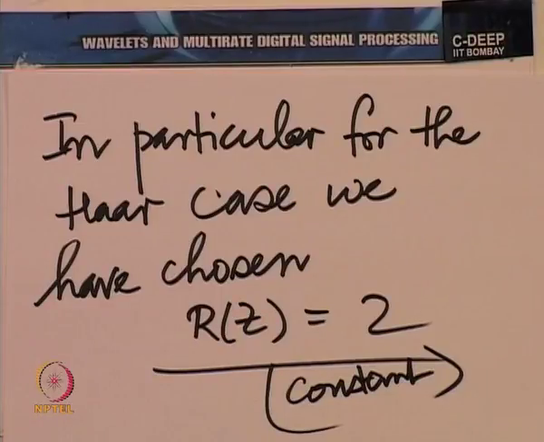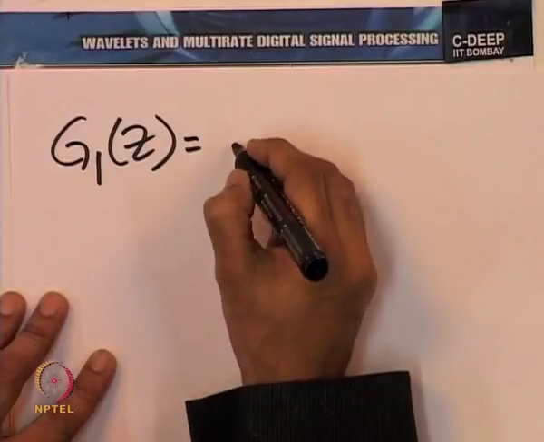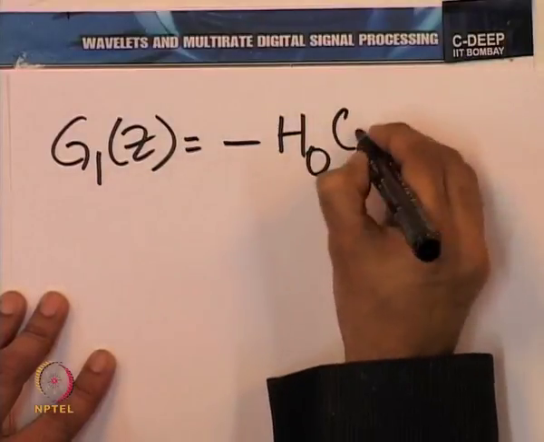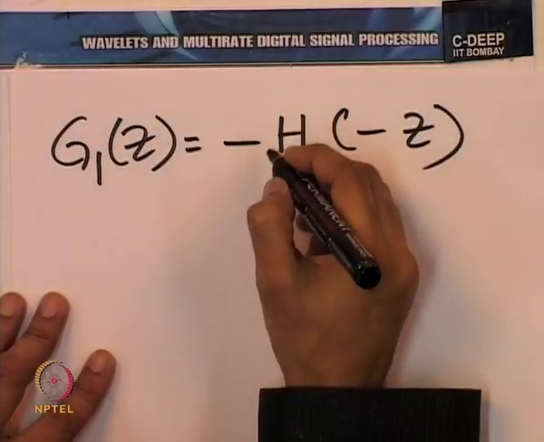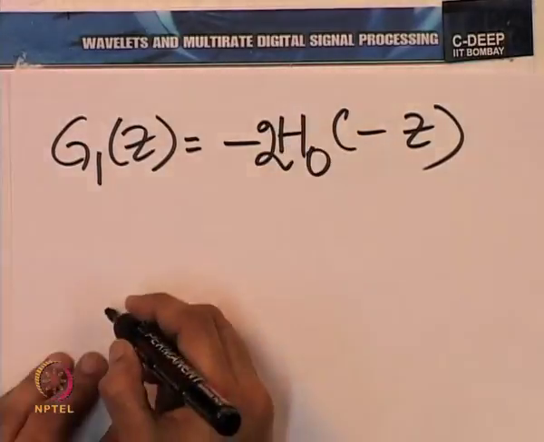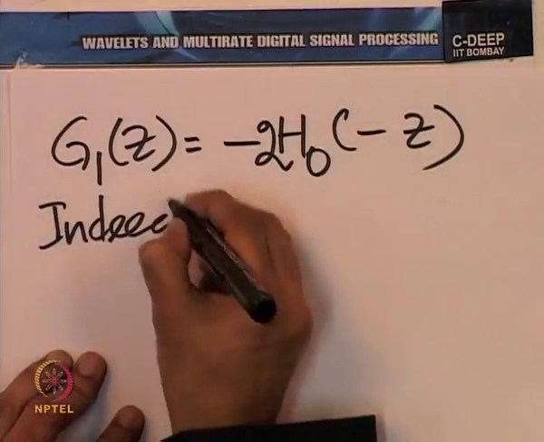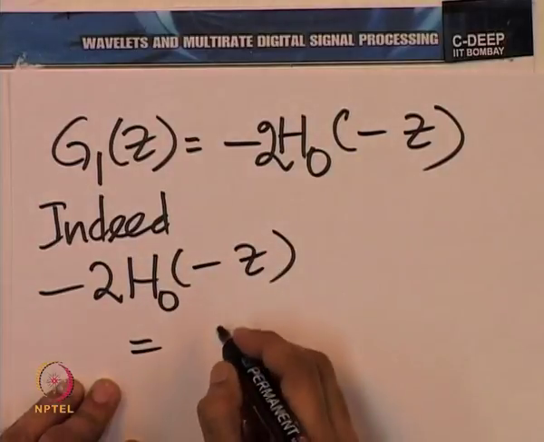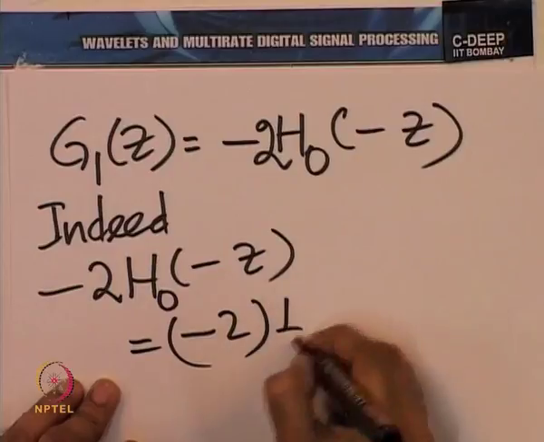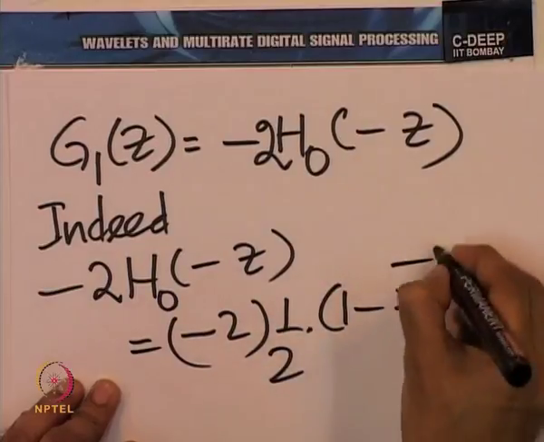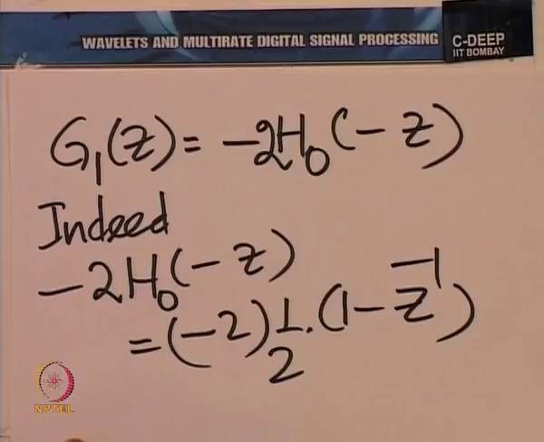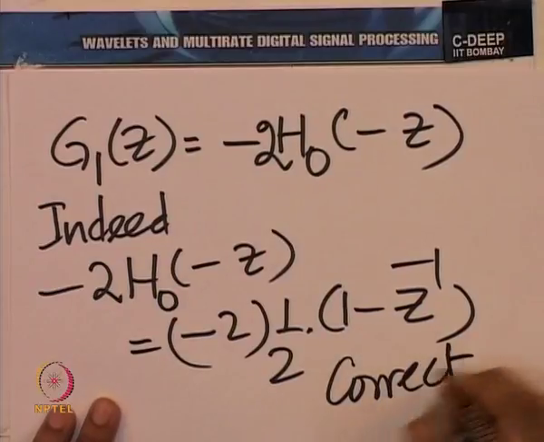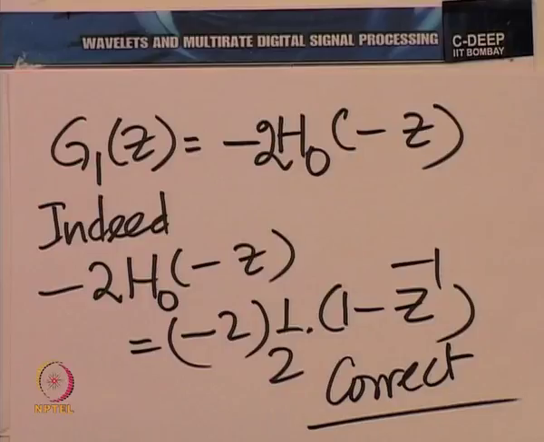G1(z) in the Haar case should then be minus H0(-z), or rather with a factor of 2. So, 2 times, and indeed minus 2 times H0(-z) is minus 2 times half into 1 minus z inverse, which is correct.